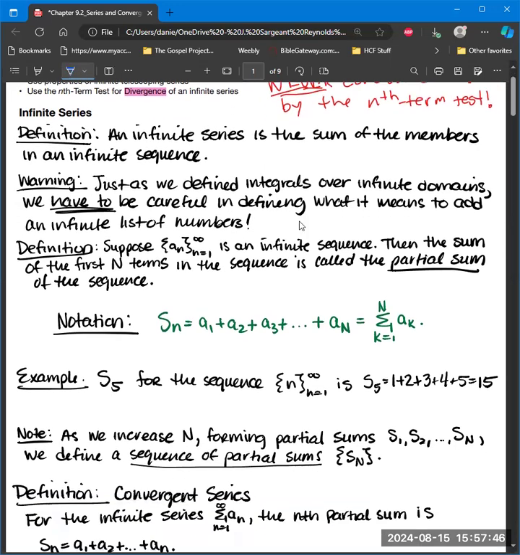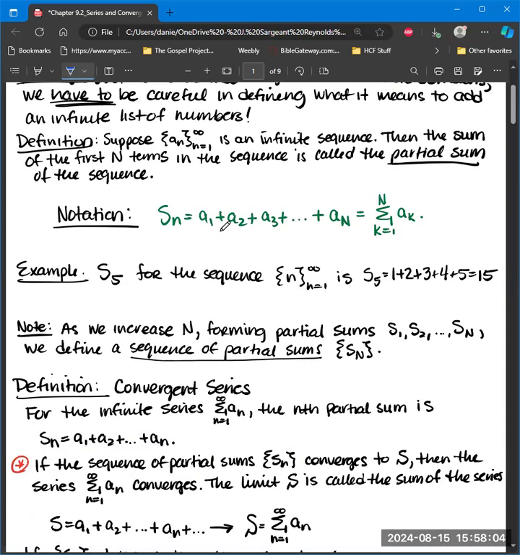So an infinite series is the sum of the members of an infinite sequence. Just as we define integrals over infinite domains, we have to be careful in defining what it means to add an infinite list of terms. So suppose the sequence a sub n, defined from n equals 1 to infinity, is an infinite sequence.